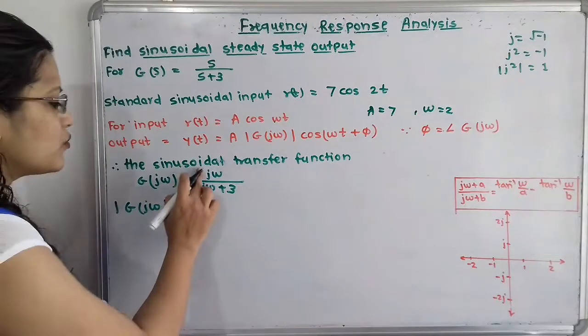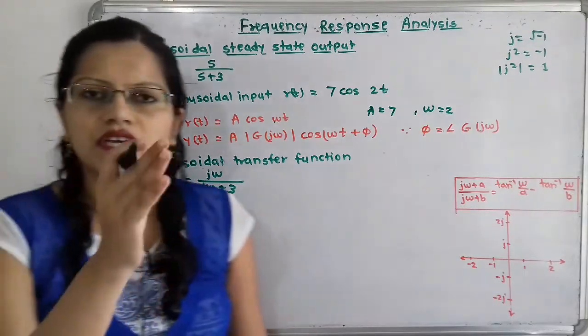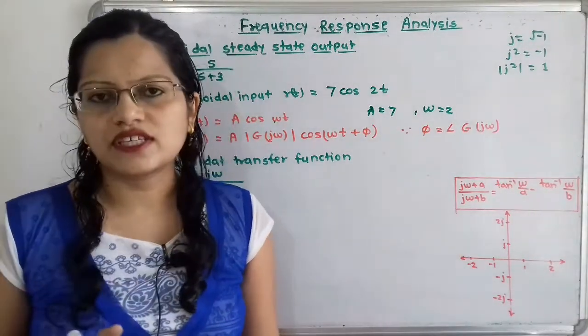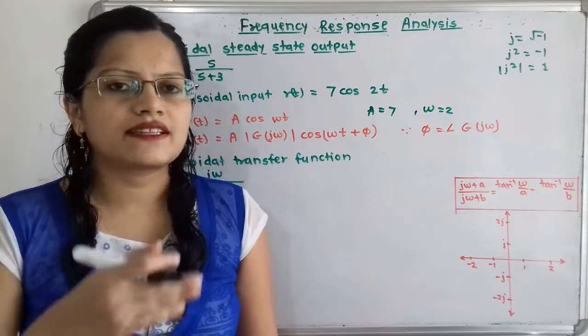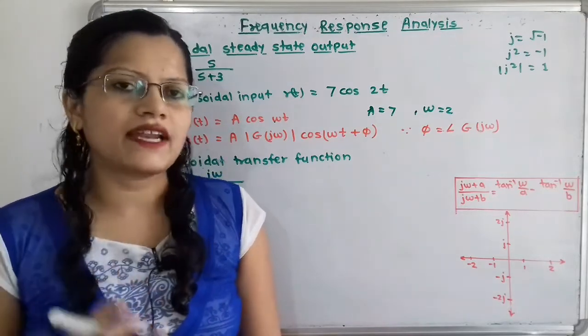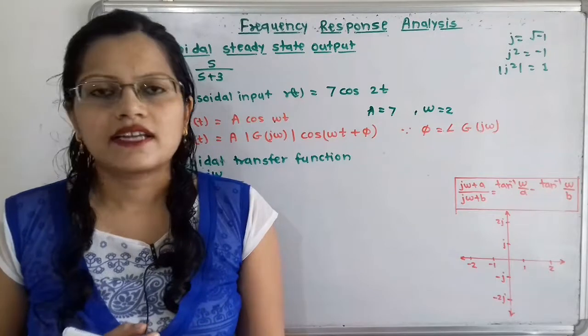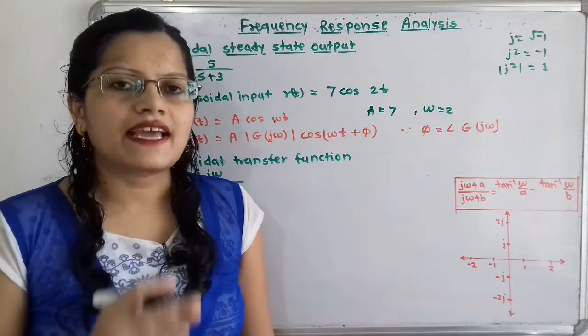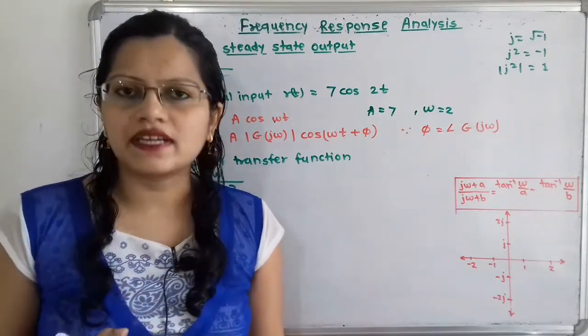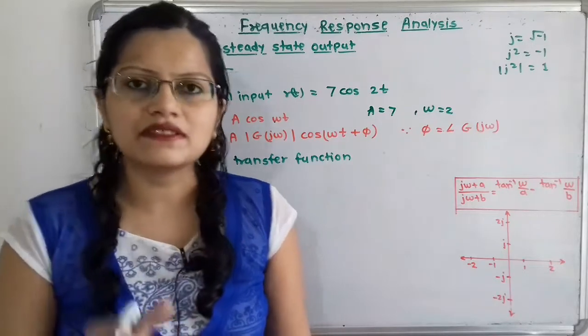Now here in the numerator and denominator also there is j included. So we have to take this square for the numerator and denominator. So how can we take the square? We will take the square root and square simultaneously, so that the value will remain the same.